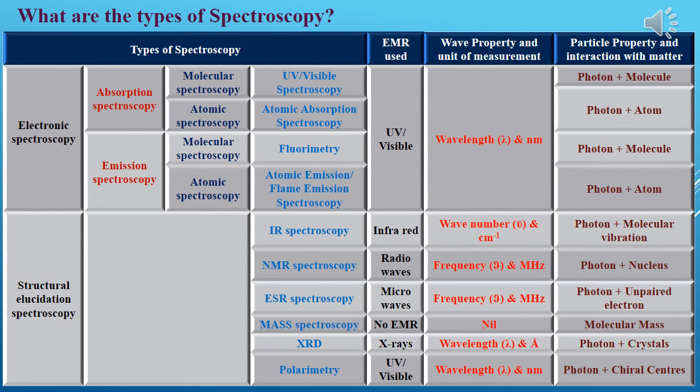In NMR, photon plus nucleus. In ESR, photon plus unpaired electron. In mass spectrometry, molecular mass is analyzed. In XRD, photons plus crystals. In polarimetry, photons and chiral centers of molecules interact. So if you understand the tabular column, it is very easy to study all the spectroscopy. It is a simplified form of spectroscopic analysis.